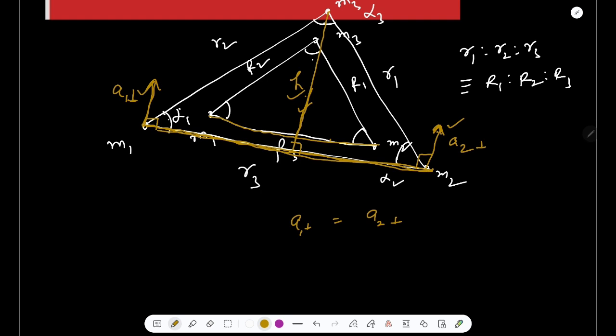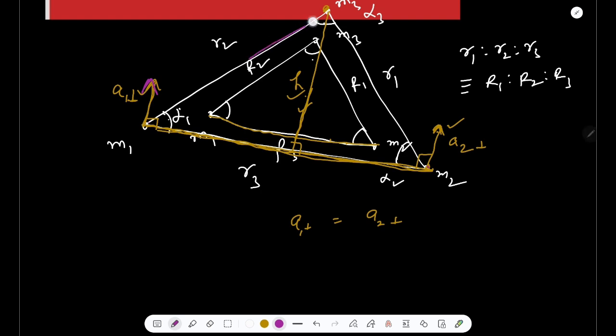And what is a1 perpendicular? m1 is acted upon by two charged particles. One charged particle is here and another one is here. Since we are considering a component perpendicular to this line, the force acting between m1 and m2 will have no component in the direction of a1 perpendicular.